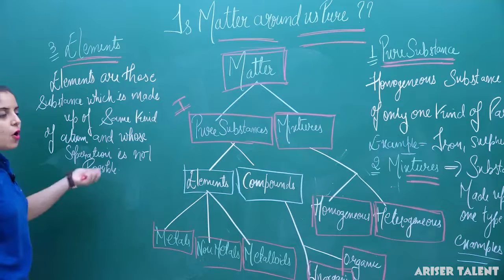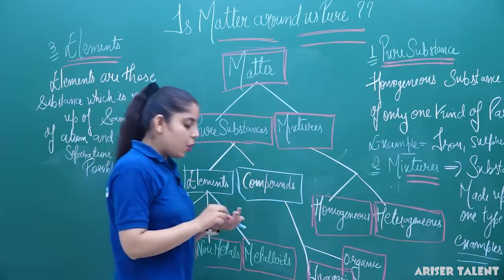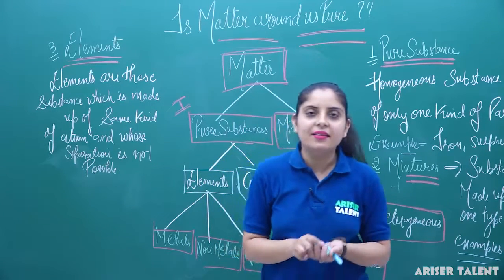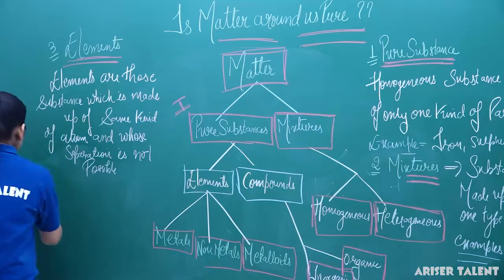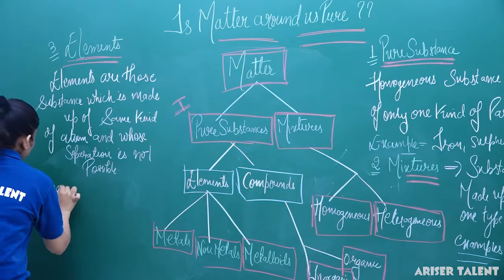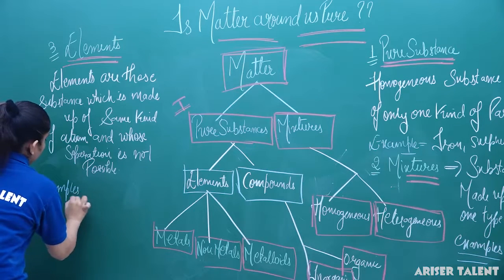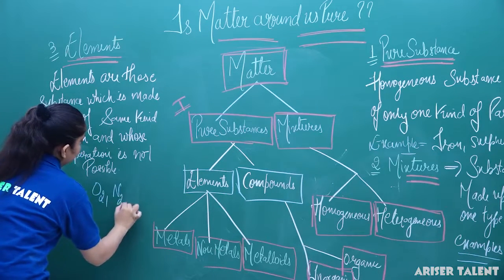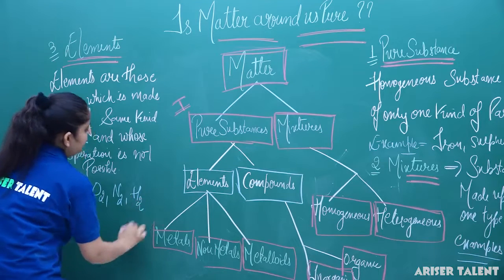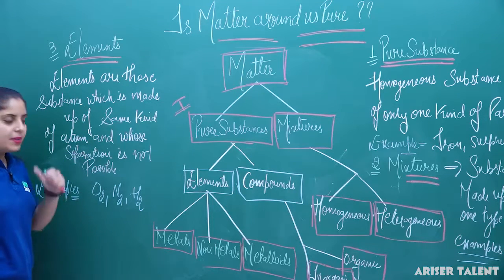So, the separation of these components will not be possible. So, I can say that these are our elements, and the examples here we have are oxygen, nitrogen and hydrogen. These all are elements here.